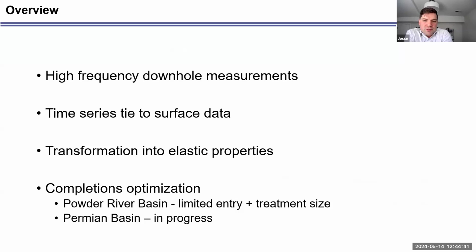So that's essentially what I've prepared for you today. So I'll return to the overview. We went over the high frequency downhole measurements, the time series tied to the surface data, transformation into the elastic properties, showed some raw geomechanics comparisons with dipoles. And then we went over a couple of examples.